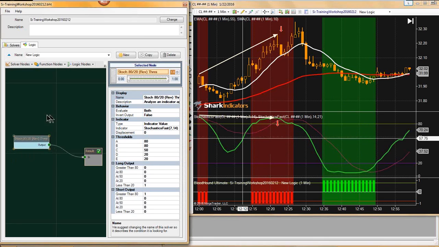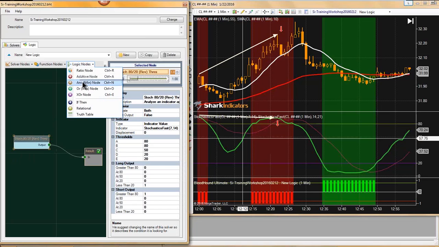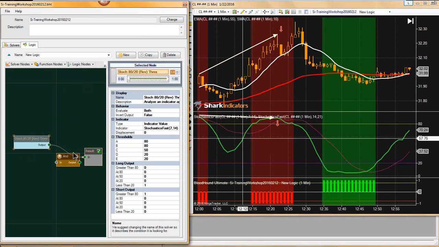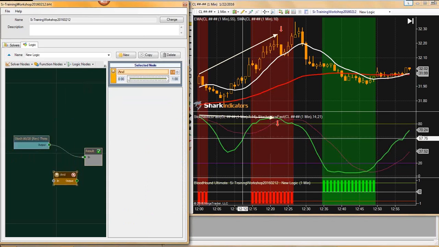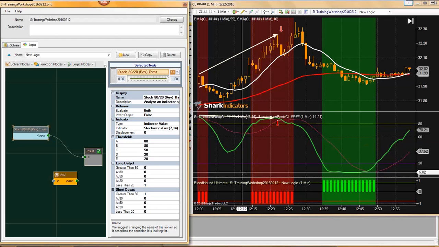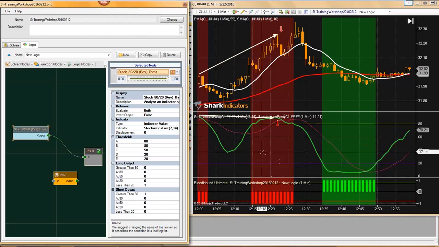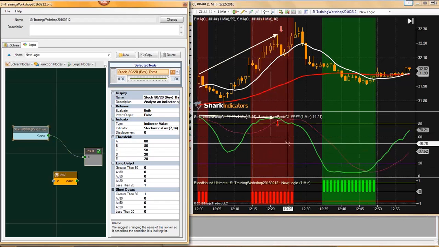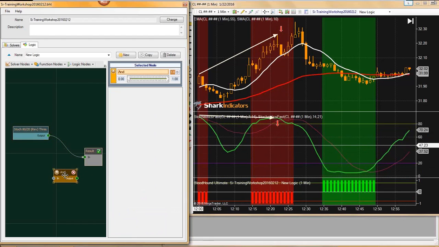To do the blocking, all we need is an AND node. But the key is to get these signals from our divergence indicator manipulated in a way that it'll work with the AND node.